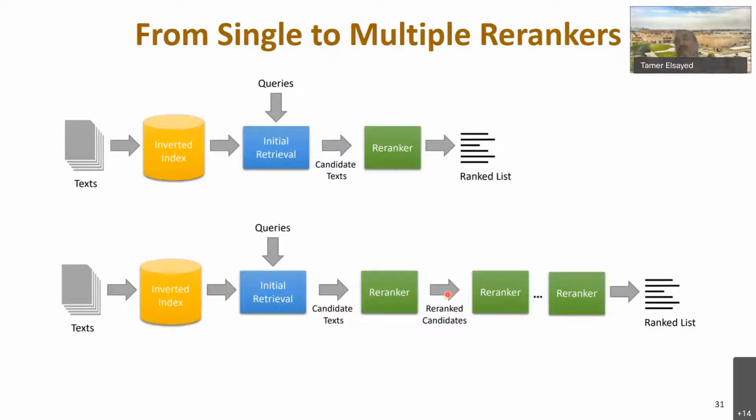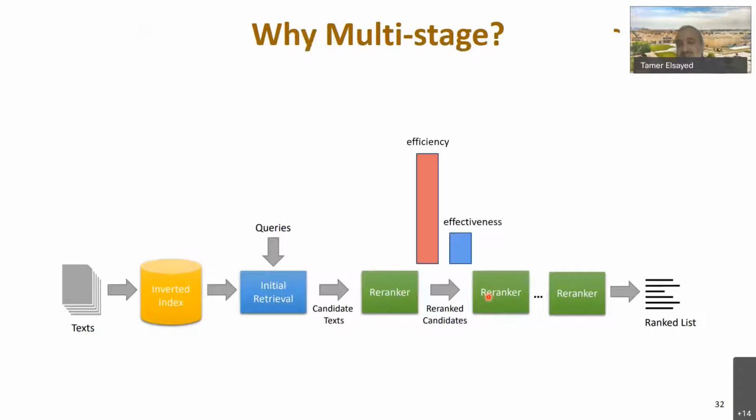Then we re-rank these top 100 by another re-ranker. Why do we need to do that? Because there are some re-rankers that are very effective, but complex. They will take more time. So I don't want to apply them on a very long list of documents. I want to apply them only on a short list. So you can think of it that way.